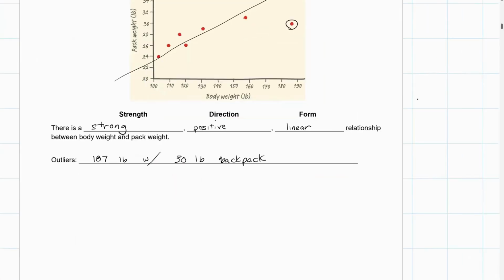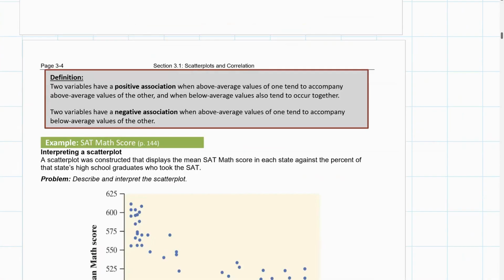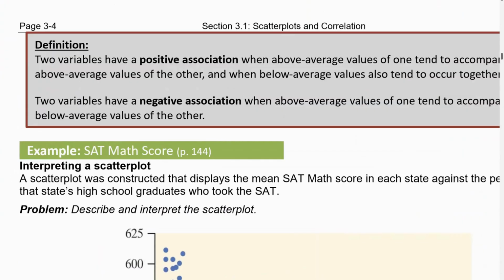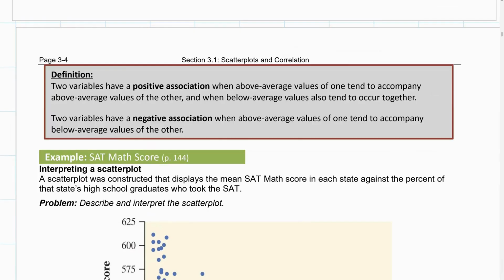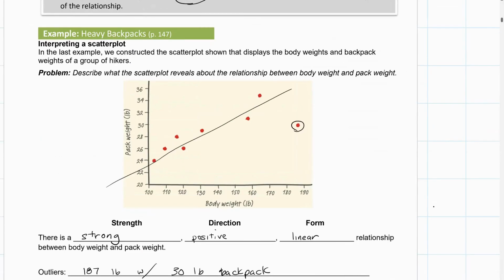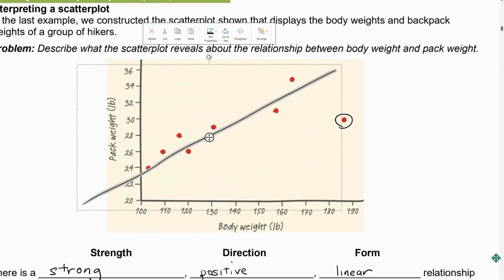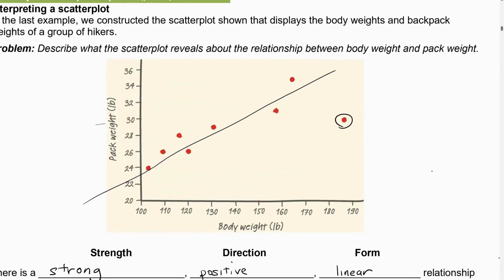All right. Now let's dive in a little bit deeper as we talk about what we mean by those words that I just used. We say that two variables have a positive association when above average values of one tend to accompany above average values of the other, and when below average values tend to occur together also. So if we go back to this, if we think about where is above average for backpack weight?